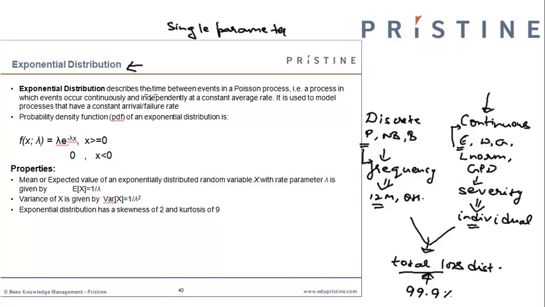Exponential distribution describes the time between events in a Poisson process. Therefore, between two events in a Poisson process, the inter-arrival time is exponentially distributed.